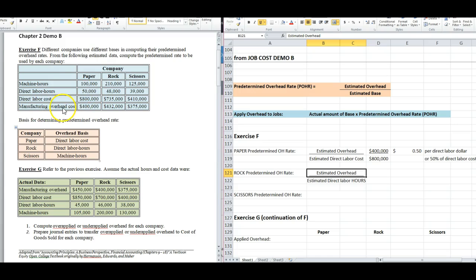We'll go to the manufacturing overhead cost for rock, and they have $432,000. Their basis is direct labor hours, so we're going to look for direct labor hours. They have 48,000 estimated hours. So it's $9 per direct labor hour. So Rock's predetermined overhead rate is $9 per direct labor hour.